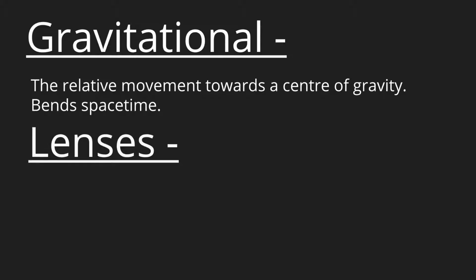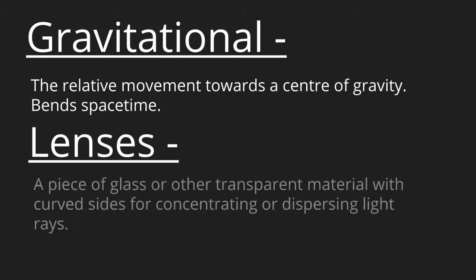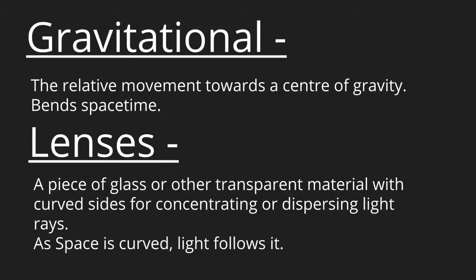Lens means a piece of glass or other transparent material with curved sides for concentrating or dispersing light rays. Now, you might say that there are no lenses in space, as there are no curved glasses in space. Well, that is where you're wrong. As light has no mass, if space is curved, light curves with it.